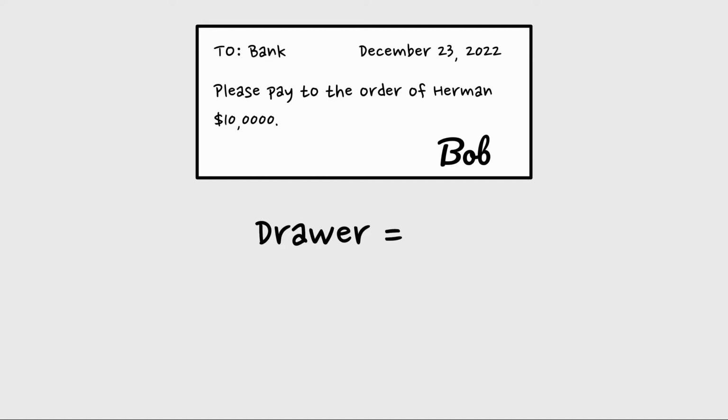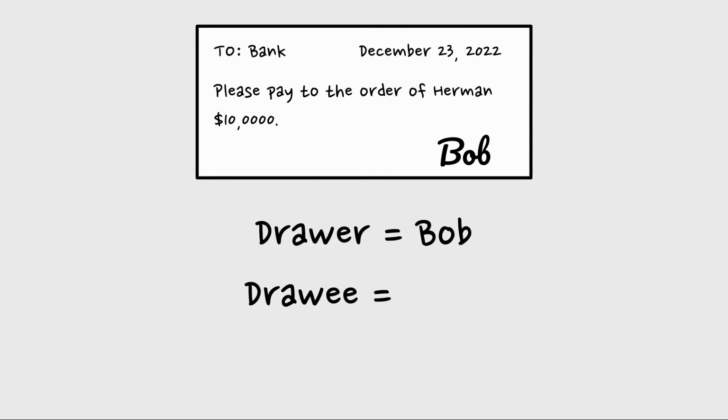And when we have a draft, there's the person who is called the drawer. They're the ones drawing on their account. That would be Bob, right? He's the drawer. He deposited his money in the bank. He's now drawing on that money by a check. Then there's the drawee, which is the bank that is holding that money, right?